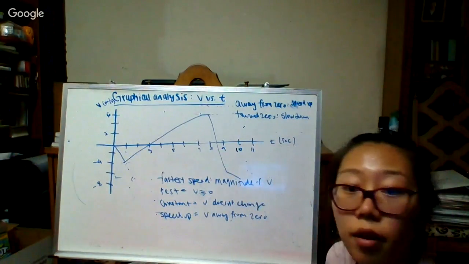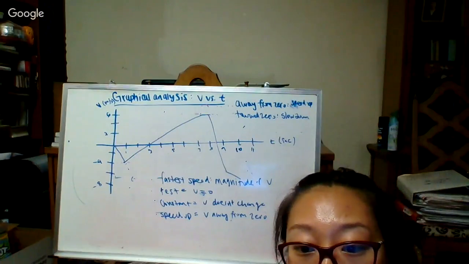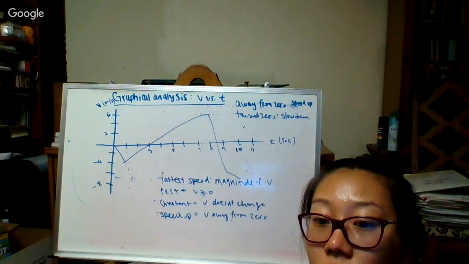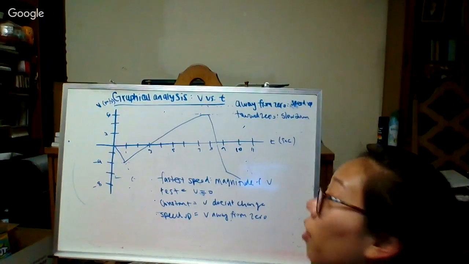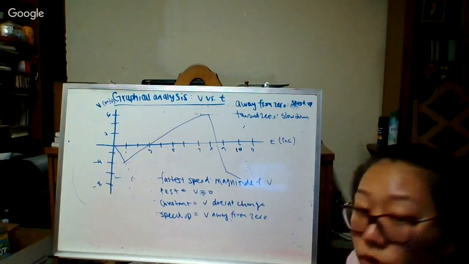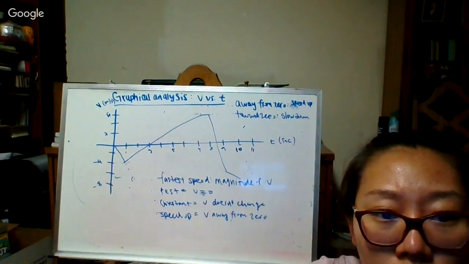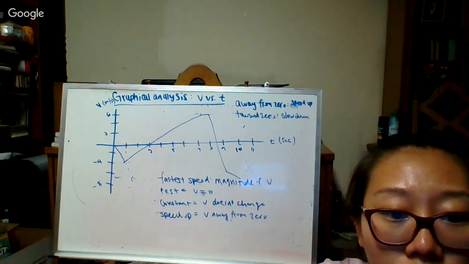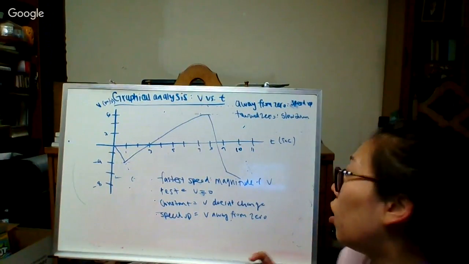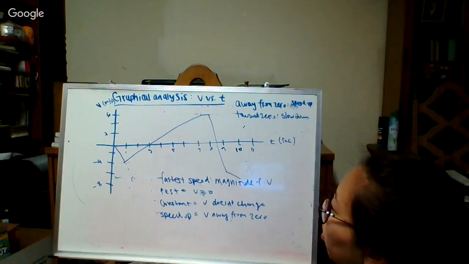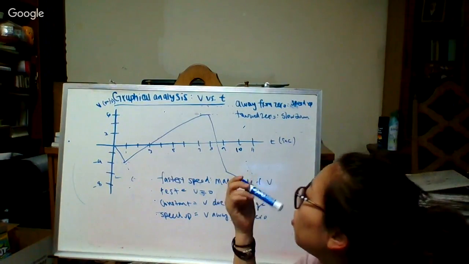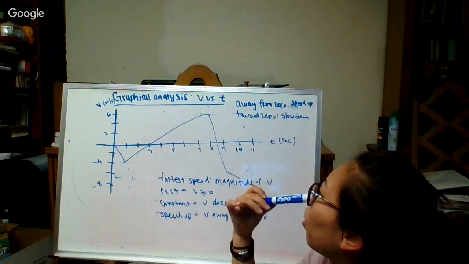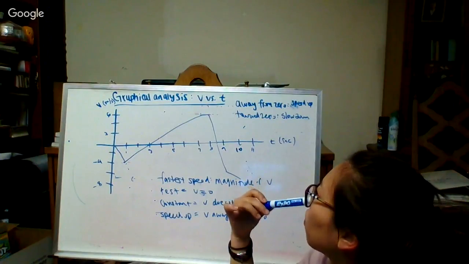Whatever that means. How would the position versus time graph look for this velocity graph? Oh, we don't actually plot it. I don't know if you have to learn how to plot it from this kind of graph.